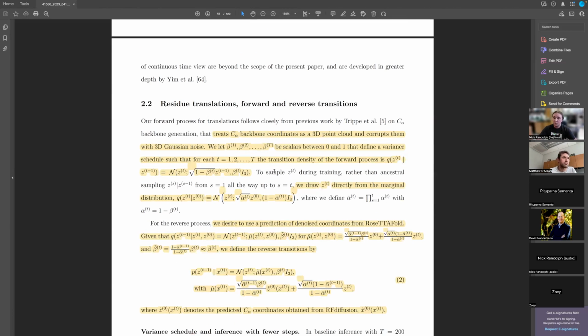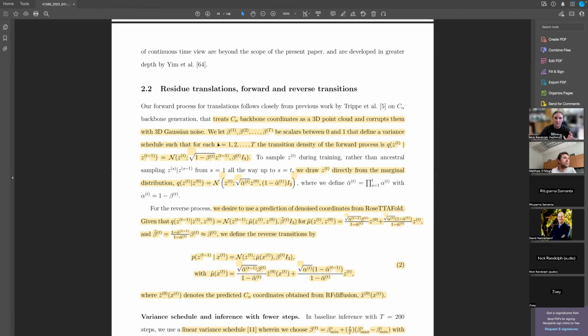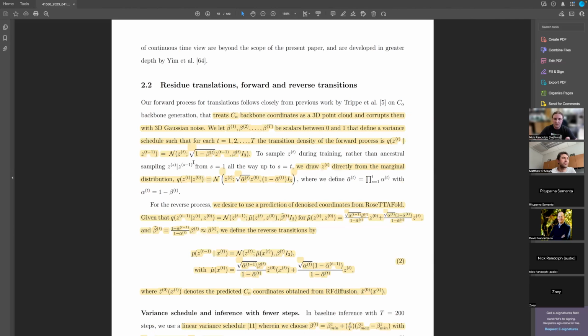Now the way they do the residue translation forward and reverse diffusion trajectories: like I said, the C alphas are that translation vector. These are treated essentially as a point cloud, and they corrupt them with Gaussian noise. They define a variance schedule from the least noise to the maximum noise. And from the Gaussian process, you have a forward process that's really well defined and well characterized.